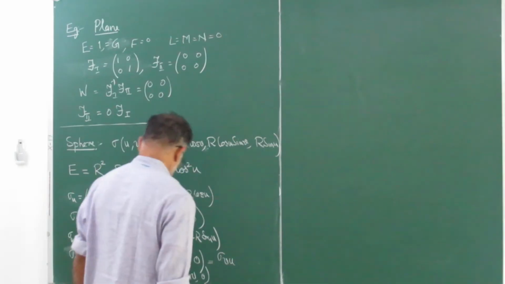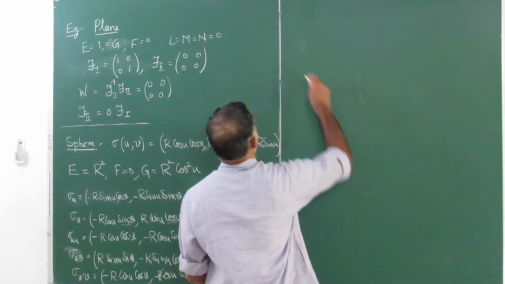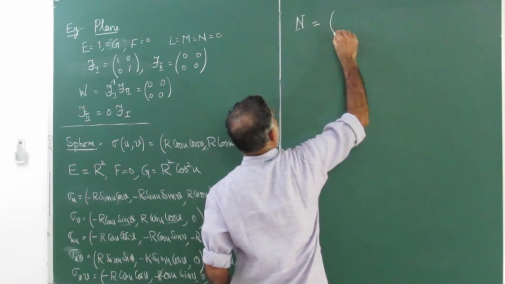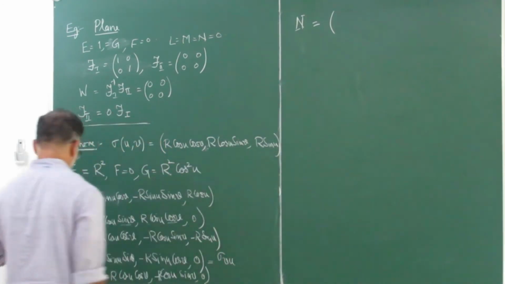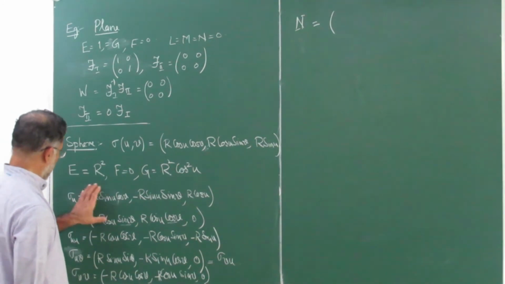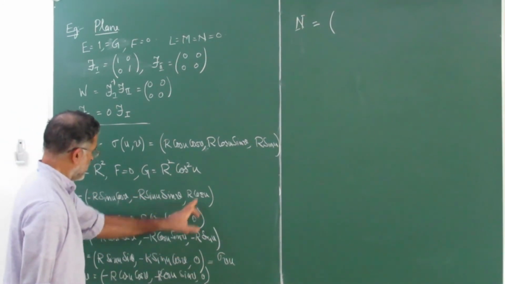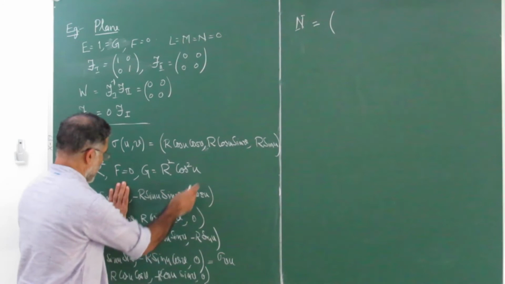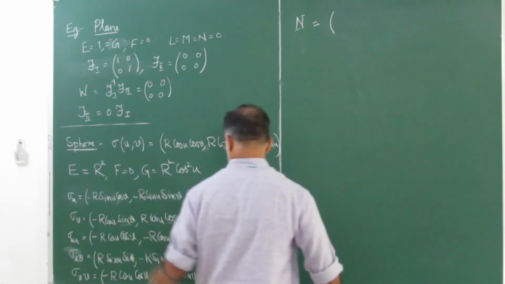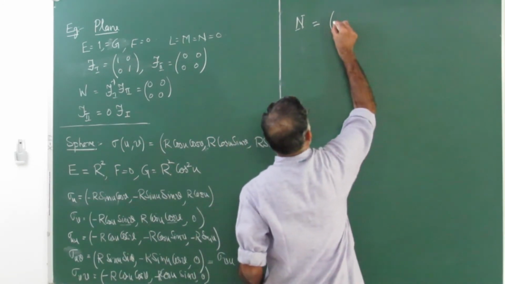All right. So now the normal is equal to sigma u cross sigma v by the norm of it. Sigma u cross sigma v is this, determinant of this. The determinant of this is 0, so minus r square cos square u cos v.